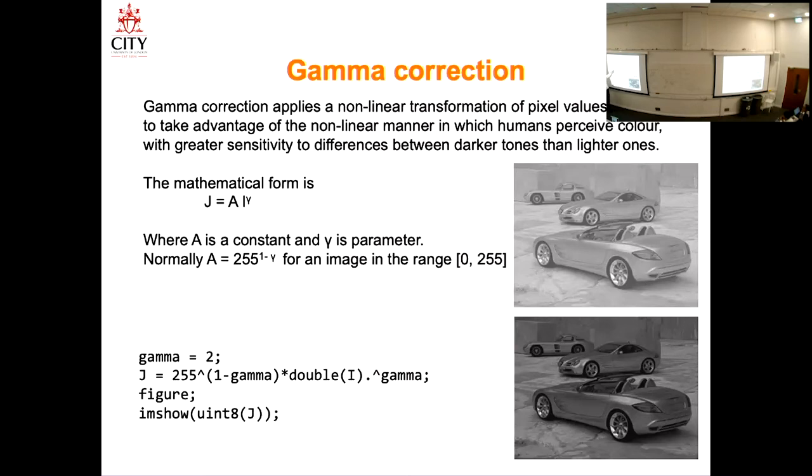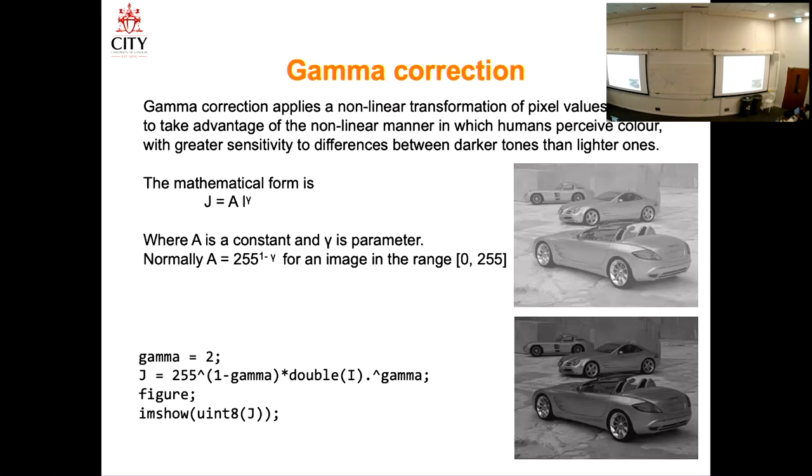Again, you take your image and you take it to any power, I to the power of gamma, which in this case is 2 that I came up with. It's not calculating it itself. I decided the value of 2; I tried different values and I realized that 2 is better.